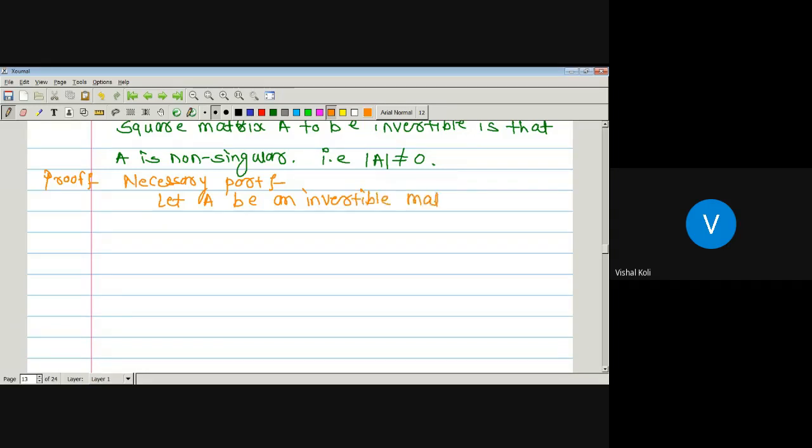As this is an invertible matrix, then by definition there exists a matrix B such that A into B equal to B into A equal to I. That is, here A into B is equal to I. Now A and B both are matrices. Its multiplication is again a matrix. I is also an identity matrix.